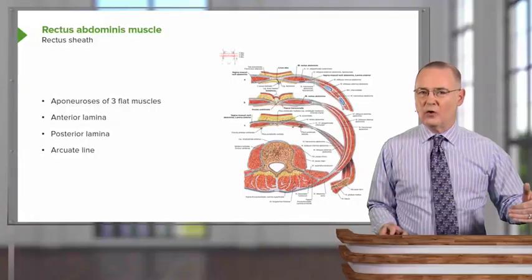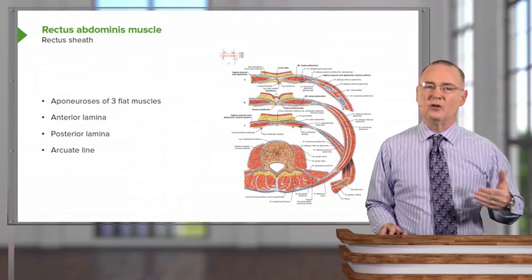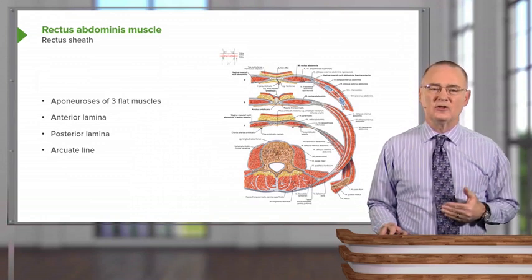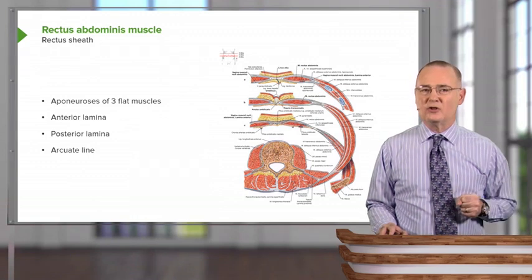So there is no longer a posterior component or contribution or lamina to the rectus sheath. It is devoid in this inferior location.